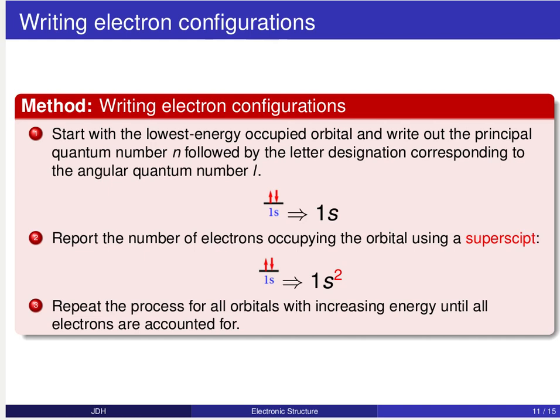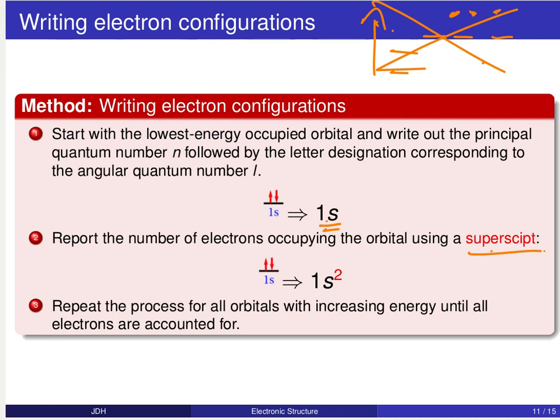But it can be a little cumbersome writing out an entire energy diagram. Writing something like this with our 1s, 2s, 2p, and so on is a lot of work, so we want to shorthand this process. We're going to do that by using the notation that we developed previously for each one of these orbitals, and writing a superscript to denote the number of electrons in that given orbital.